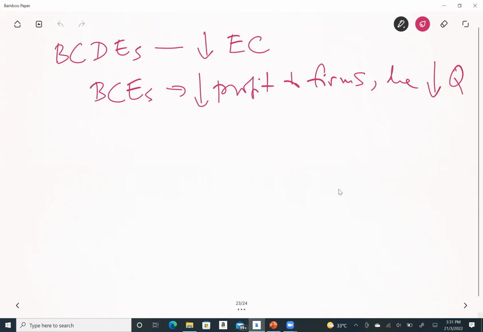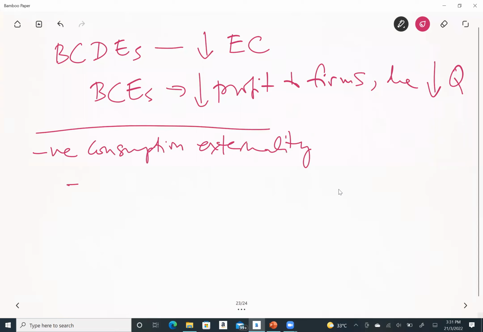Now, negative consumption. When you look at negative consumption externalities, it's about consumption of someone that affects another person.